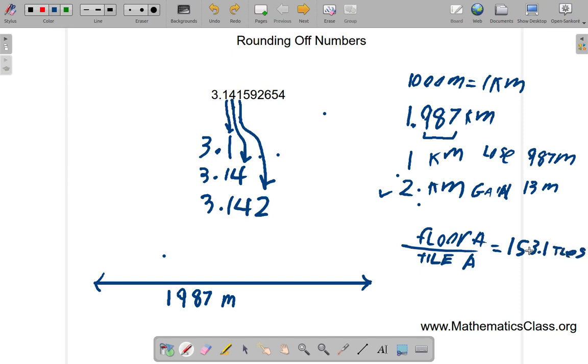The tile area and the floor area may be in square feet or square meters, but if both are in the same units and you divide them, you find out that you're going to get 153.1 tiles.